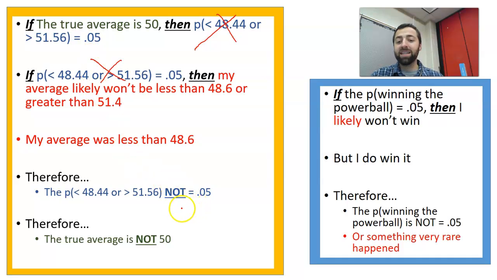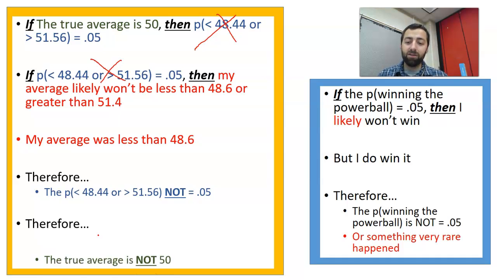But we're now concluding that it's not equal to 5%, it's something greater. But if it's not equal to 5%, then the true average is not 50. So the true average is going to be something a little bit less than 50. And so we have therefore refuted, we've given strong probability to think that the true average is less than 50. All right. So that's really all there is to that.